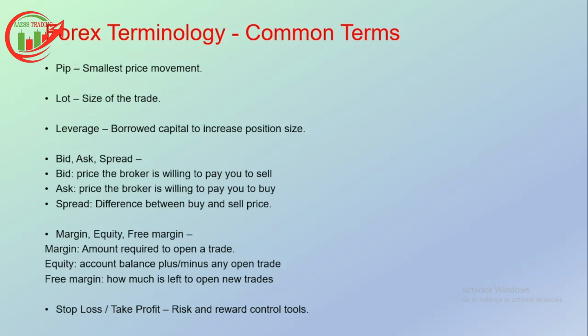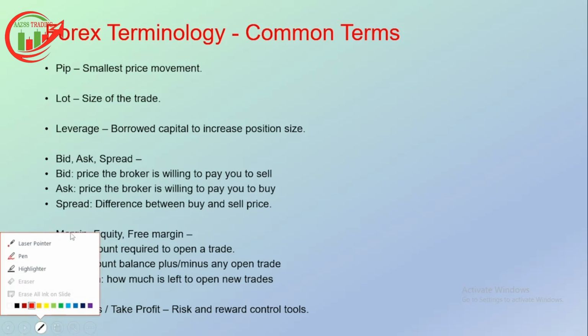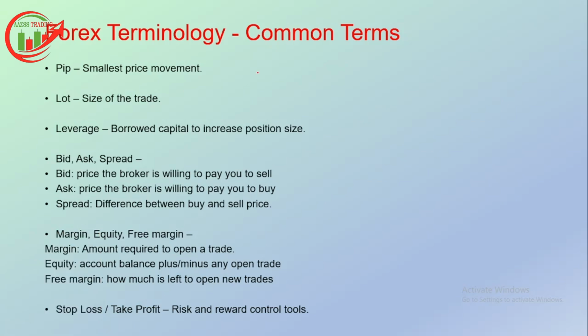Most currency pairs, for example Euro USD. If price moves from 1.1000 to 1.1001, let me write that over there. So Euro USD moves from this price to 1.1001.